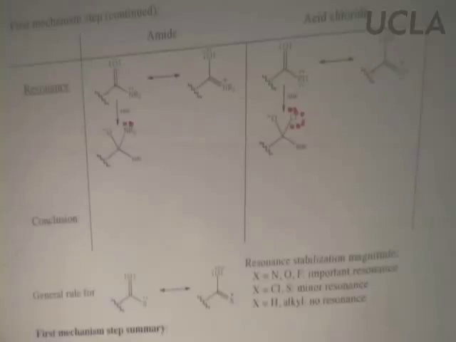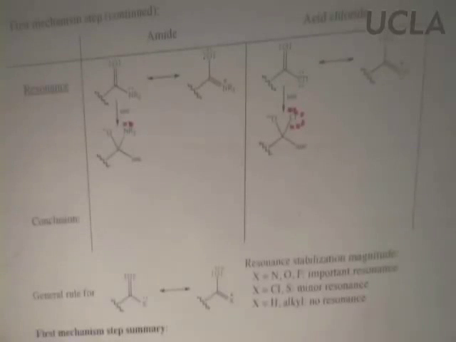Does anybody remember where we learned this rule? Way back in Chem 14C when we talked about resonance. Remember we talked about the resonance contributor preference rules. We said if the atom next door, especially with carbon, is in a different row of the periodic table than carbon, resonance is less significant. So carbon to second row element resonance is more significant, provides more stabilization, than carbon to third row element resonance.